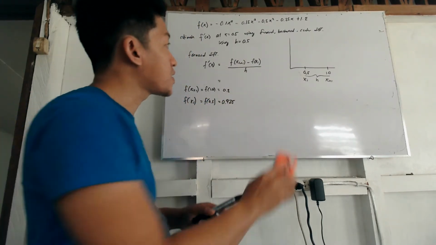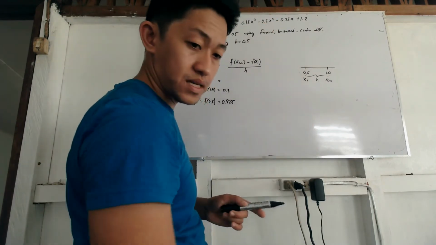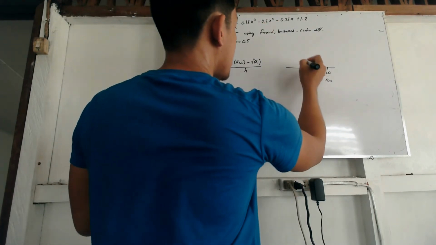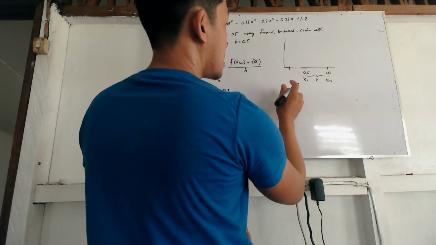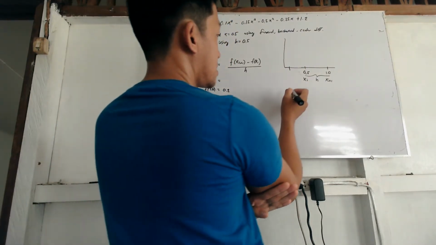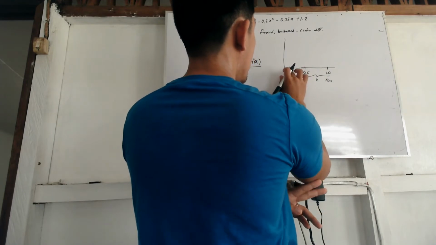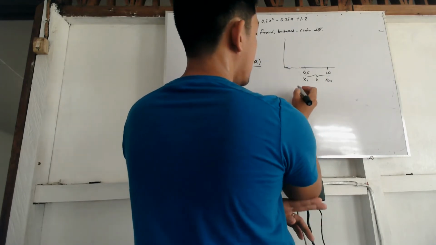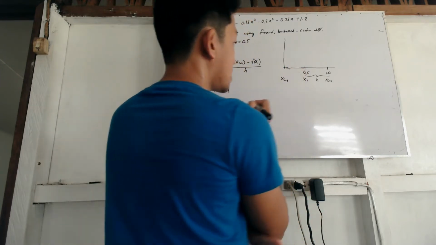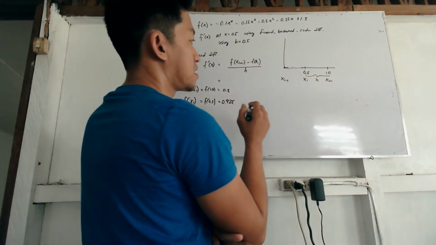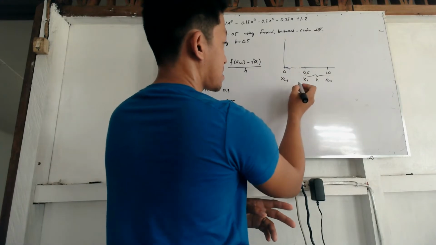and also, since we are getting the backward difference, your x sub i minus 1 would be 0.